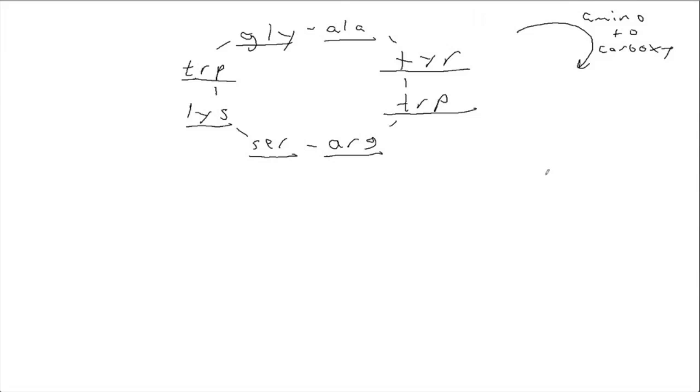Okay. All right, so here we have a circular peptide. What do you think would happen if you reacted this with Dansyl chloride? That's a little puzzle for you. What would happen if we reacted this with Dansyl chloride?